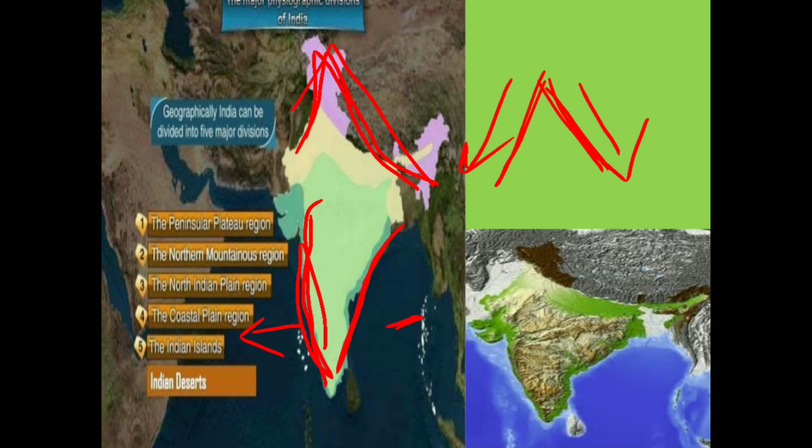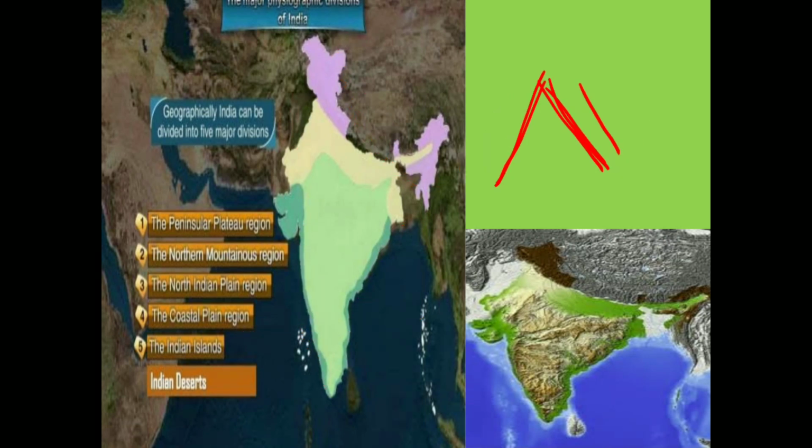Now the next thing is the northern plains. What are plains? Plains are flat or level land in a large part of northern India. This is the northern part of India.